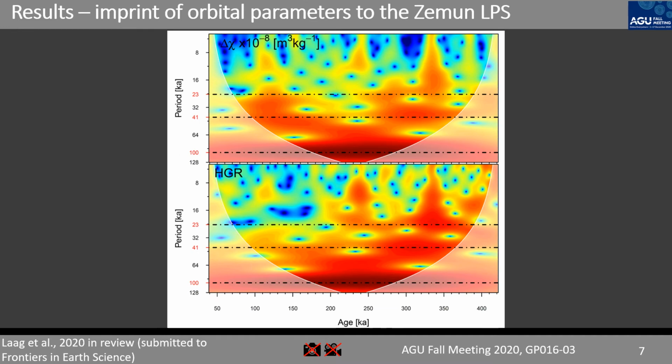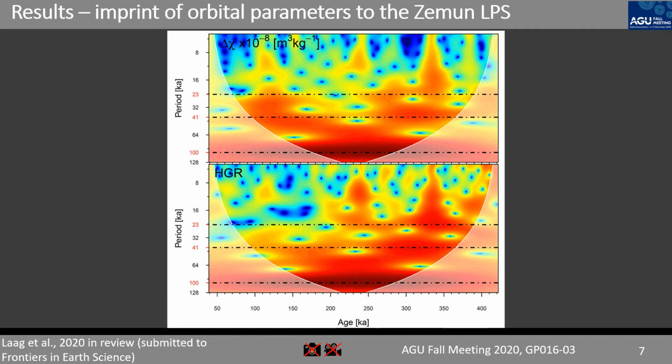What you can see now here is a test for the orbital parameters. We performed a wavelet analysis on two selected values, the frequency dependence on the top and the hematite-goethite ratio on the bottom. And you can see that there are slight differences in these parameters.